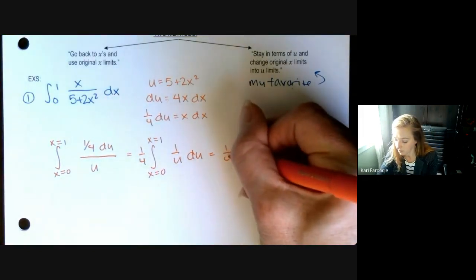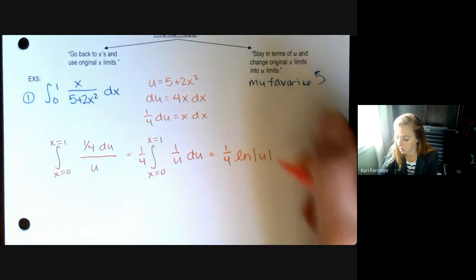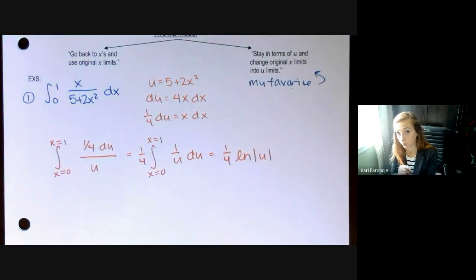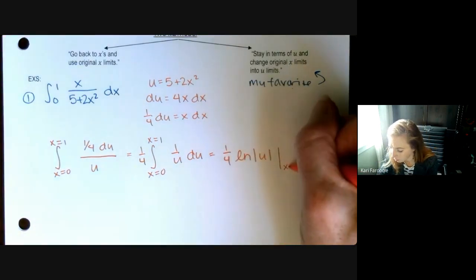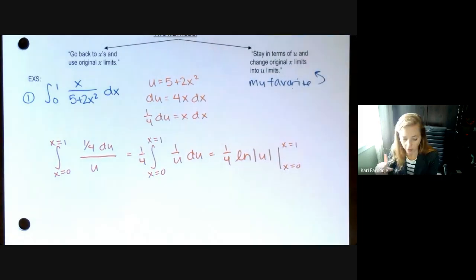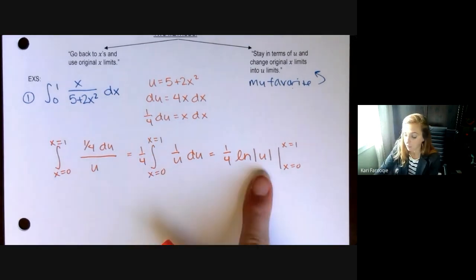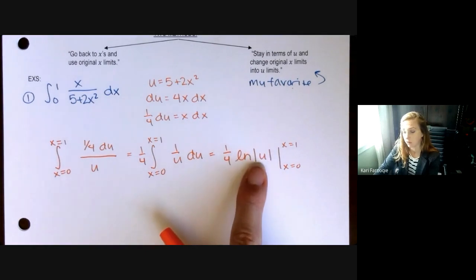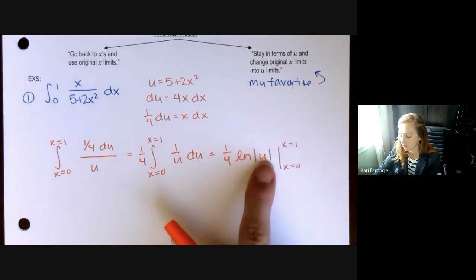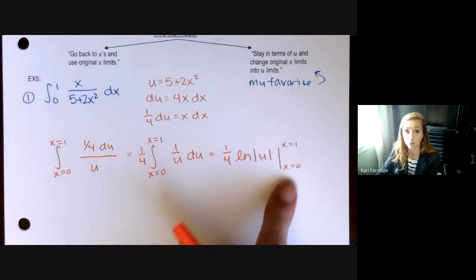Okay, so now we can say this is 1/4 times the natural log of the absolute value of u. Don't forget those absolute value bars. And then this is going to be getting evaluated from x equals 0 to x equals 1. Well, at this point, you should be looking at this and thinking, oh, yes, I'm looking at this for x, not for u. So you're going to go back and match your variable in your completed integral with these limits of integration.